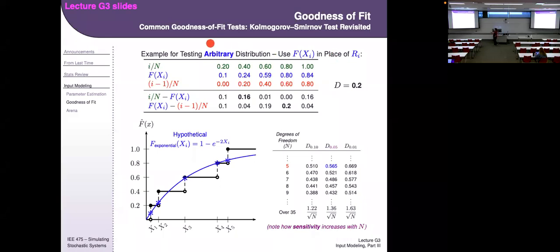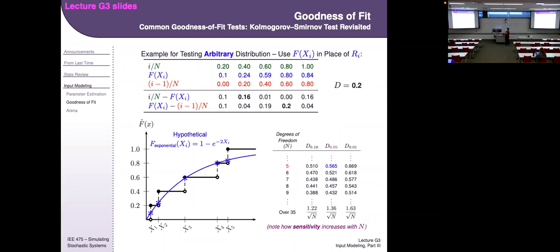The second data point, after I run it through the CDF, I'm expecting to be in the second 20%, and so on. So this is exactly the same thing you did before the midterm. The only difference is you run the data through the CDF first, and then do the steps identical to the way you did before the midterm. You look in the back of the book, in the same spot, to get the critical values, and so on. So that's the KS test for arbitrary distributions.